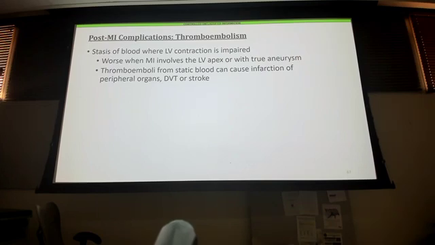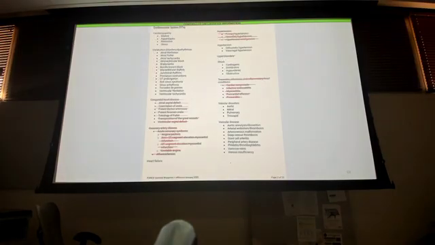So you're not out of the woods once you have addressed that acute coronary syndrome. There's lots of complications after the fact that we need to watch out for, counsel our patients about, to make sure that they don't experience those complications in the long run.